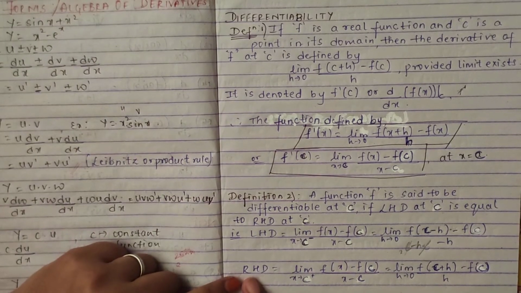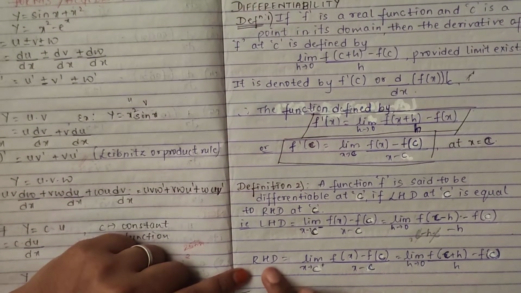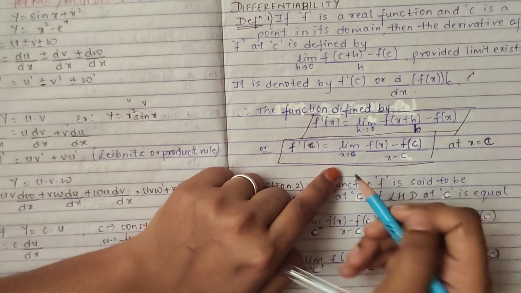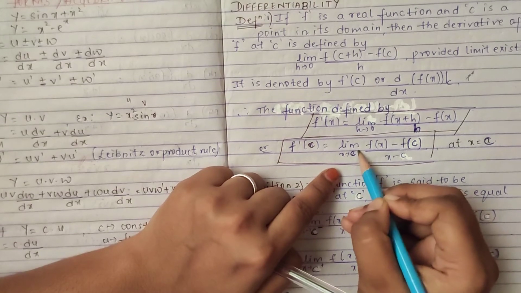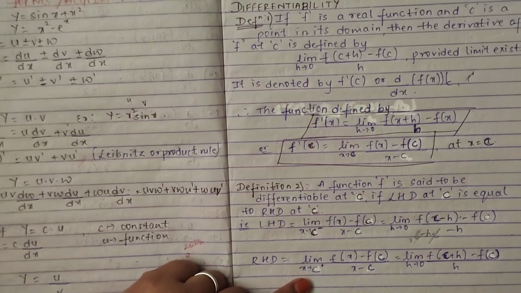Now, what is your RHD? RHD means right hand side. So it is the same: limit of f of x minus f of c as x tends to c, but here x tends to c plus. And c plus means x changes to c plus h.